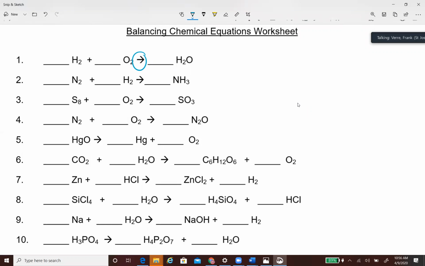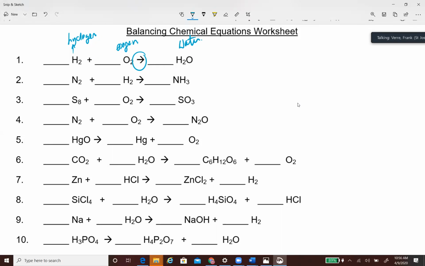So this says that we have hydrogen, all right, and oxygen reacting to give you water, okay? Or you could say dihydrogen monoxide if you want. Remember, hydrogen and oxygen are diatomic. There are a few examples of diatomic elements on your periodic table, okay?